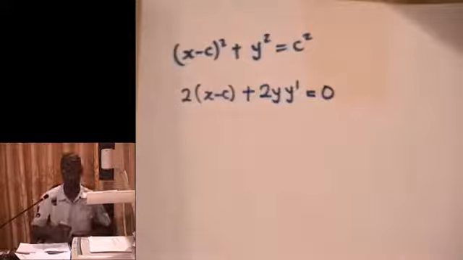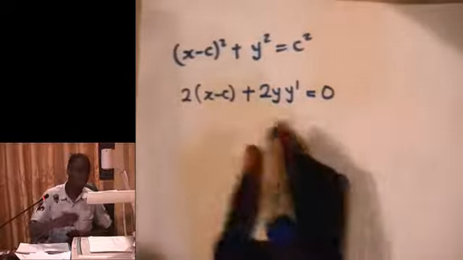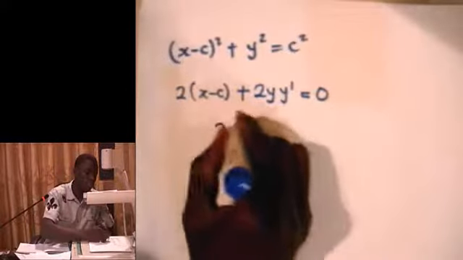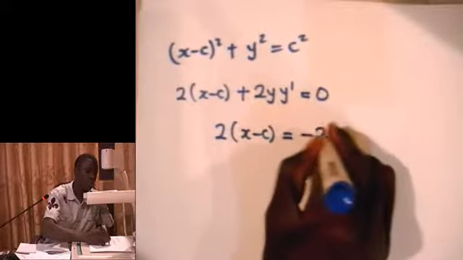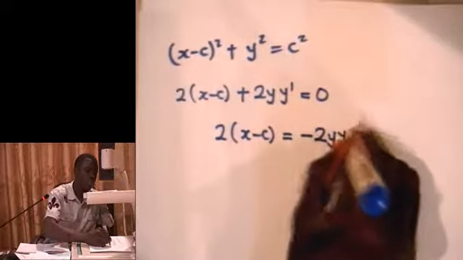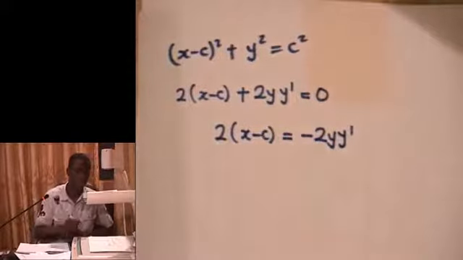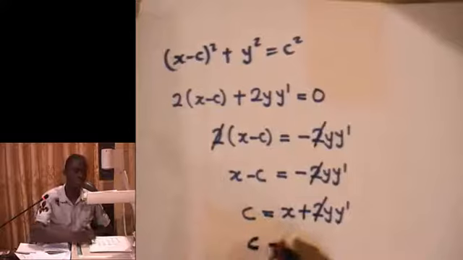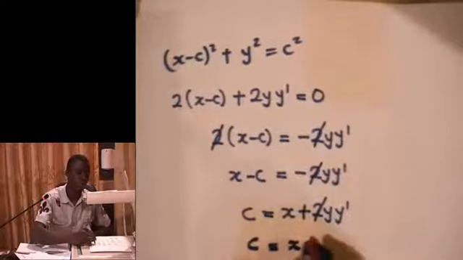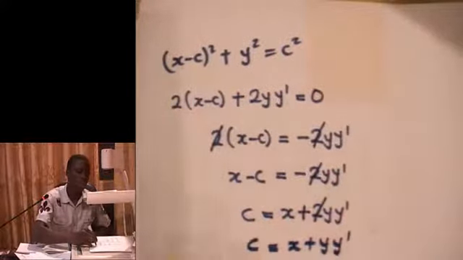So from this we try to make our c the subject. 2 times (x minus c) equals minus 2y y prime. Our c equals x plus y y prime.